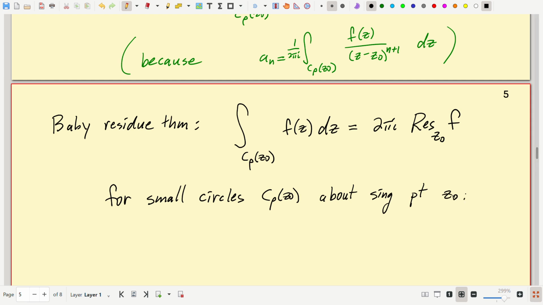It turns out if you have a baby residue theorem, then you get a big residue theorem. And I'll show it to you soon.